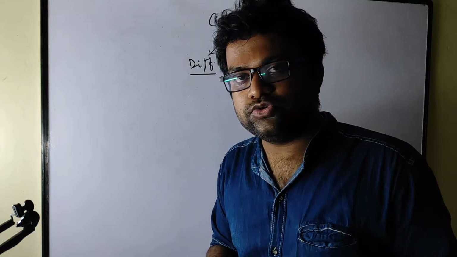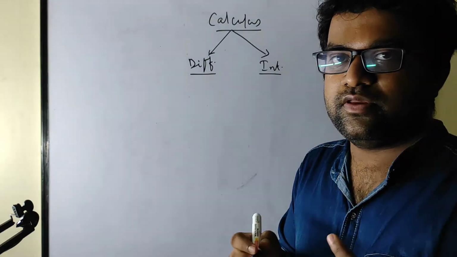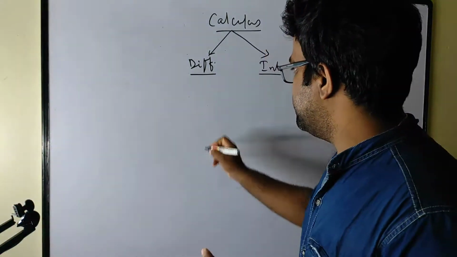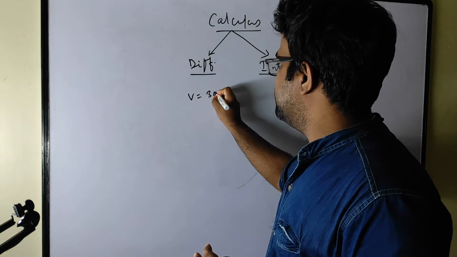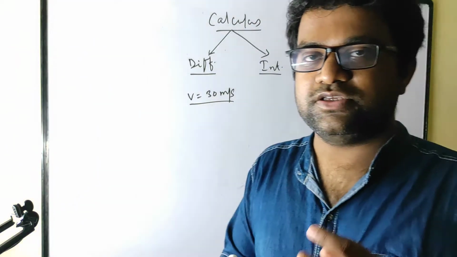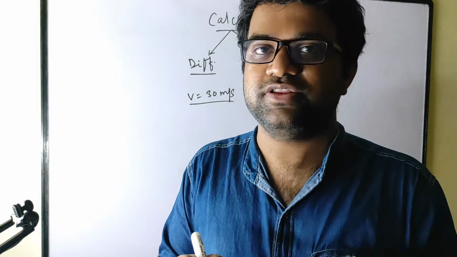Now, where do we use differentiation? Suppose you are moving with a particular velocity, so you can write that I am moving with a velocity of 30 meter per second. But sometimes the velocity is not a constant number, but depends upon time. In a practical situation that happens. Suppose you are traveling with your motorbike.